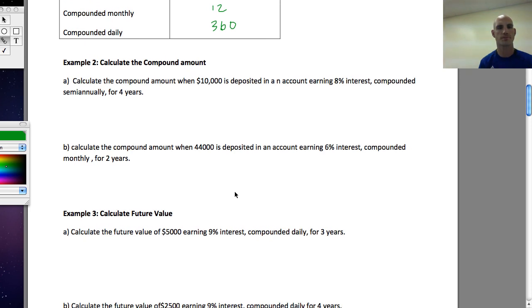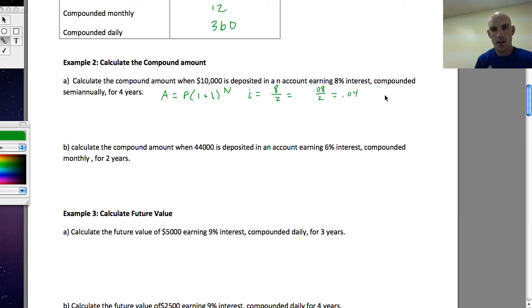Let's use this formula. Compound amount. 10,000 is deposited into an account, earning 8% interest, compounded semi-annually for 4 years. This is a realistic situation. So A equals P times 1 plus I raised to the N. I is the rate, 8, over the number of times per year, semi-annually, which is 2. So this is 8% over 2, so that's 0.08 over 2, which gives us 0.04.